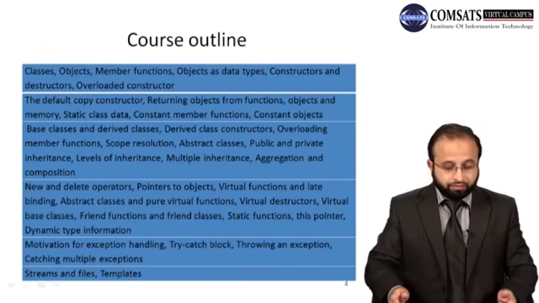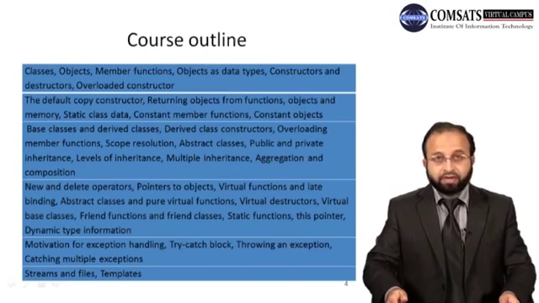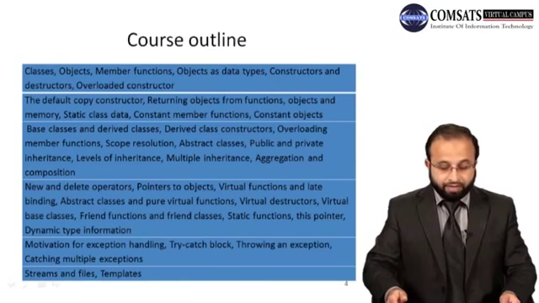Then we will see the default constructor, returning object from a function, object and memory, static class data, constant member function and constant objects, base class and derived class. Here comes the inheritance, derived class constructor, overloading member functions, scope resolution, abstract classes, public and private inheritance, level of inheritance, multiple inheritance, aggregation and composition.